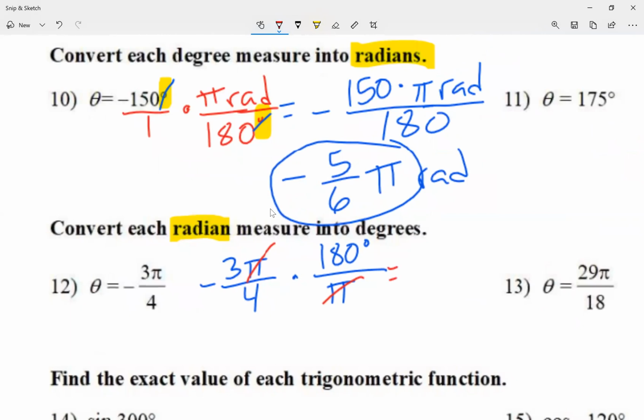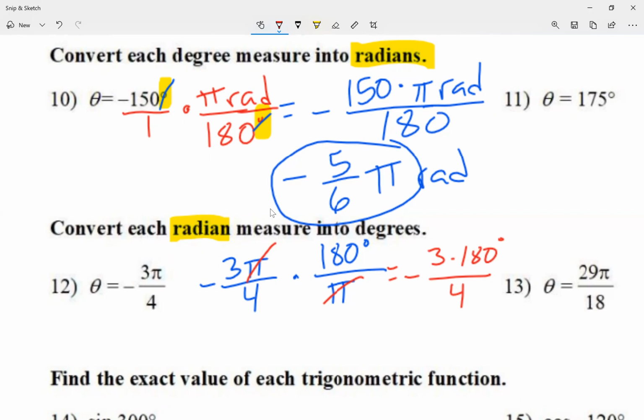Now, if you notice, I have a negative sign, so my answer will be negative, and I'm not going to be able to remove that. On the top, I have 3 times 180 degrees. At the bottom, I just have a 4.